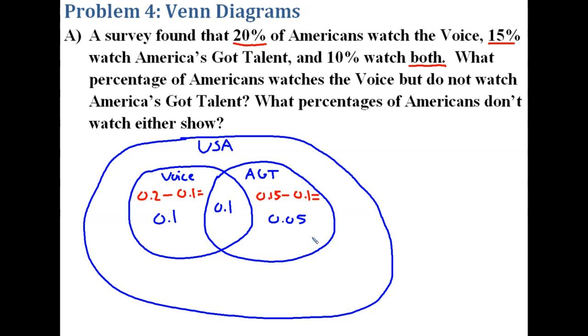Okay, at this point, we can answer our first question. What percentage of Americans watch The Voice but not America's Got Talent? Well, that's going to be the 0.1. So we could say P of just The Voice is equal to 10%.